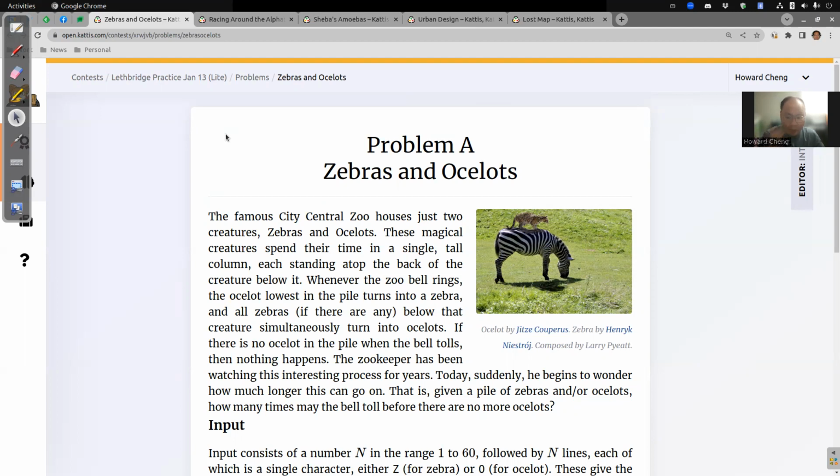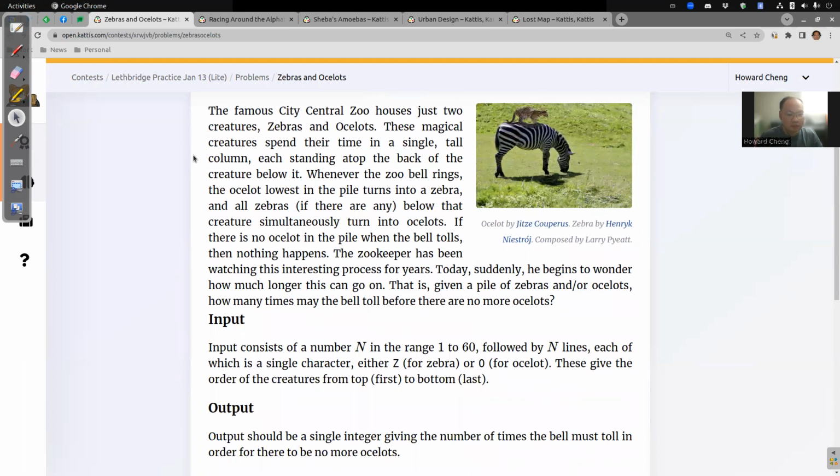talk about. Okay, so the first one that we're going to look at is the zebras and ocelots, and let me just quickly go through the problem statement. The famous zoo centers around just two creatures, zebras and ocelots.